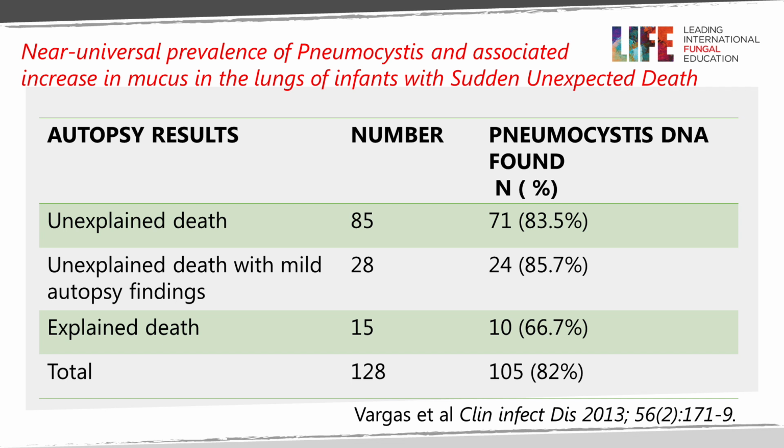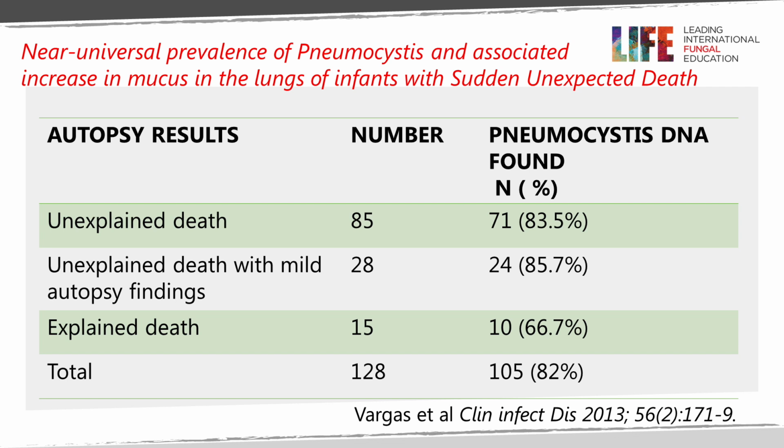So the take-home message from this slide is, one, that pneumocystis infection is common in young infants, and two, if we compare the infants who had unexplained death, so that would be a post-mortem diagnosis of sudden unexplained infant death, then pneumocystis DNA was found at higher rates, 83.5%, as compared to the infants who had explained death, which was 66.7%.